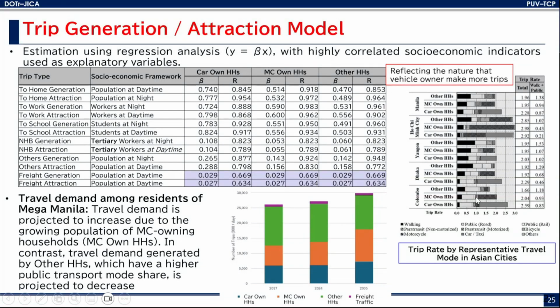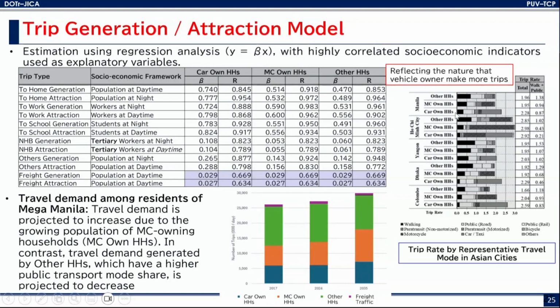And why can such a situation be seen? You can see in Metro Manila the modal trip ratio, the black one is walking trips, and the gray one shows the public transport, including the jeepney and the buses, showing very high volumes.